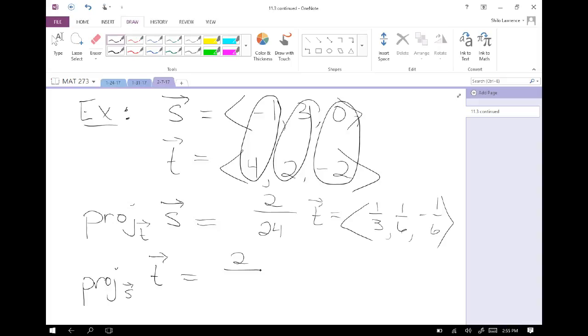What's the magnitude of vector S? Square root 10, and then we're going to square it. So we get 2/10 or a fifth. So this is telling me to get my projection, I need to only use 1/5 of vector S. Vector S right now is way too long. We're going to shrink it down to just a fifth of its normal size.